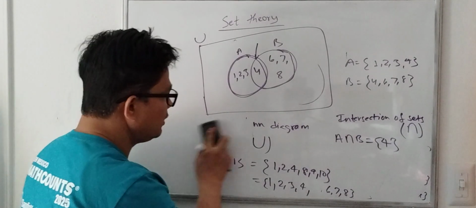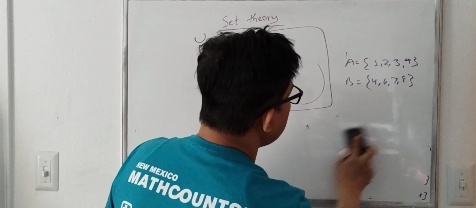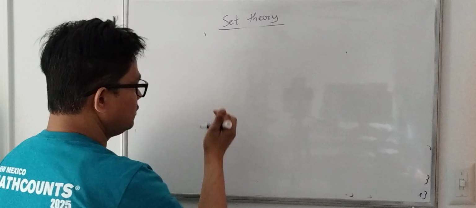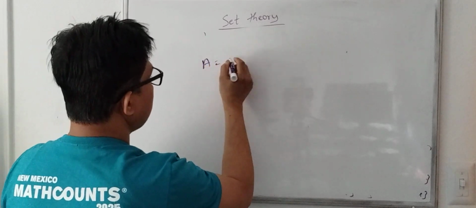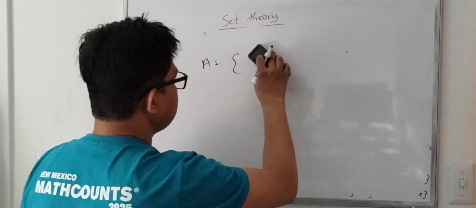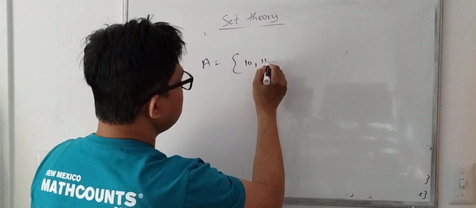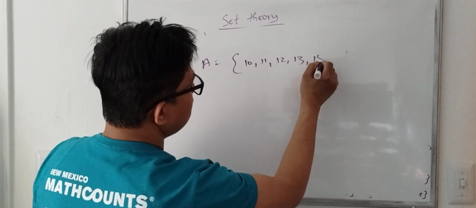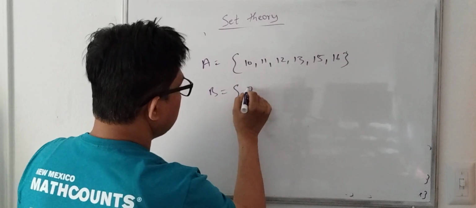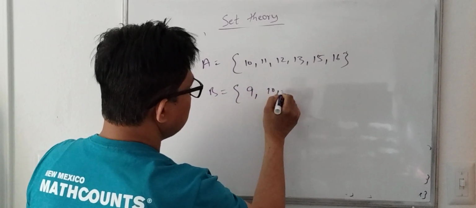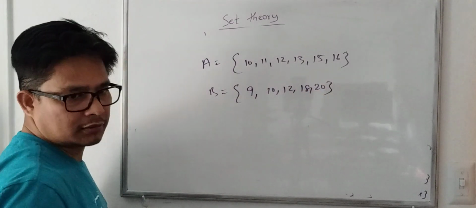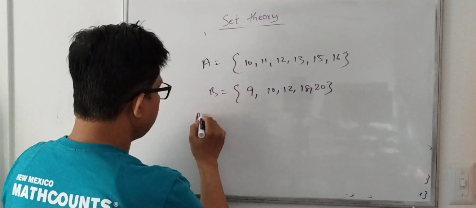Okay, let's take some more examples. Now I'm not going to draw the Venn diagram. Let's say A is 10, 11, 12, 13, 15, 16, and B is 9, 10, 12, 18, and 20. So what will be A union B?